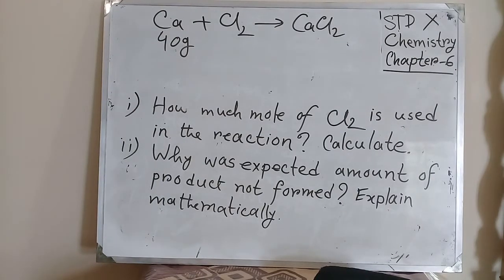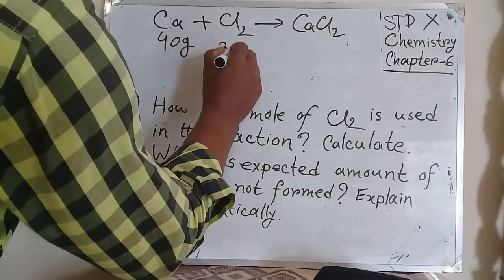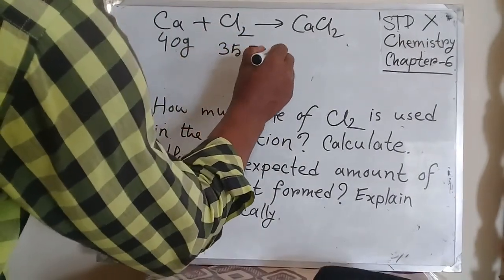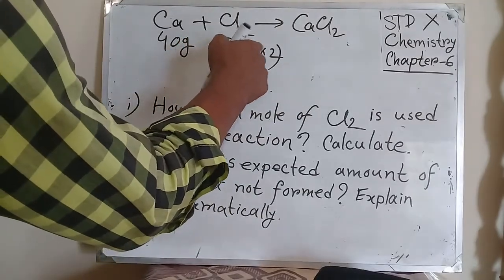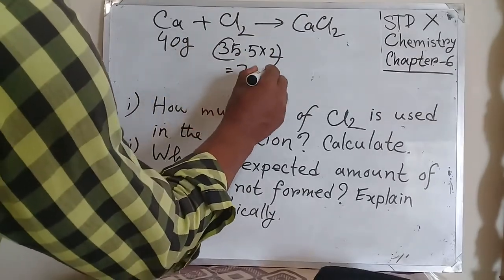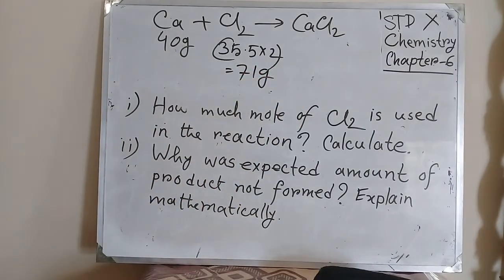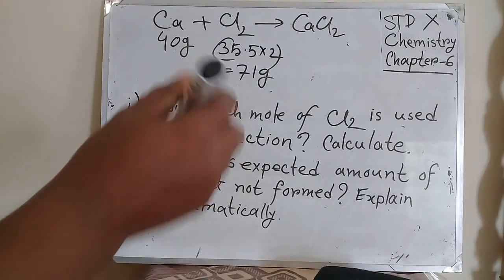So we need to write here: atomic mass of calcium is 40 gram and atomic mass of chlorine is 35.5 into 2, so 35.5 into 2 equals 71 gram. Molecular mass of chlorine is 71. And what is the molecular mass of calcium chloride?